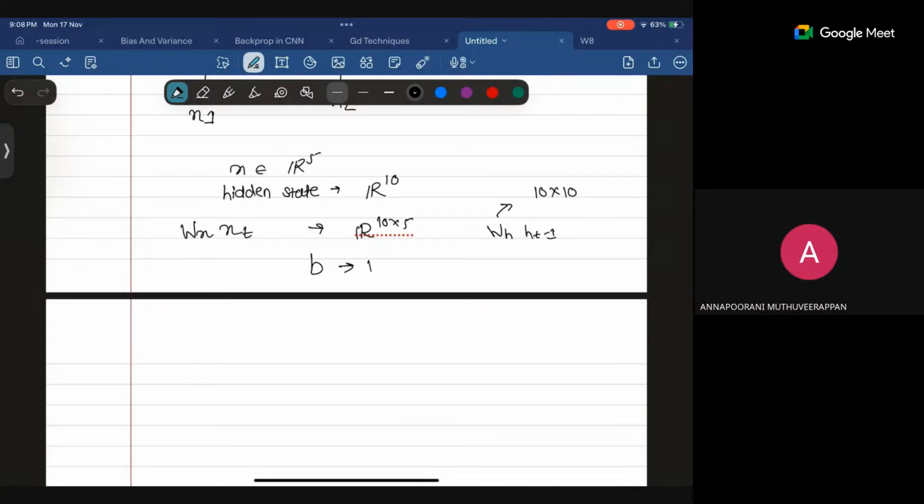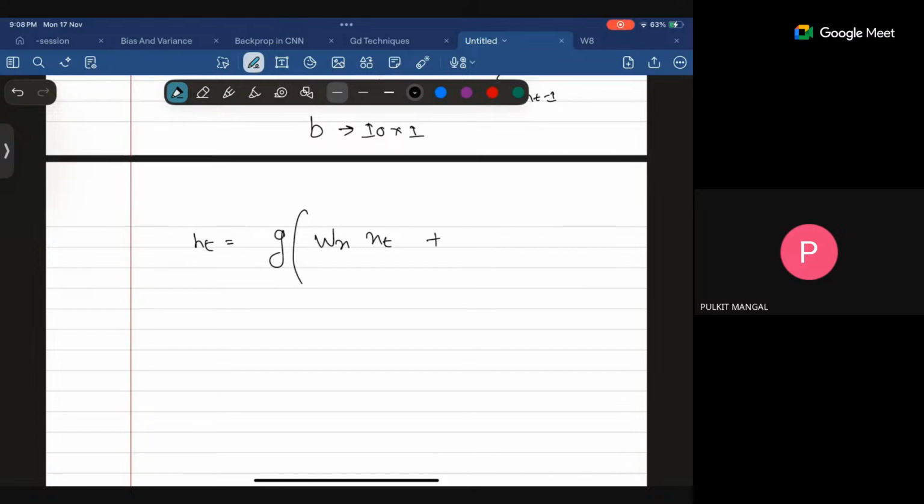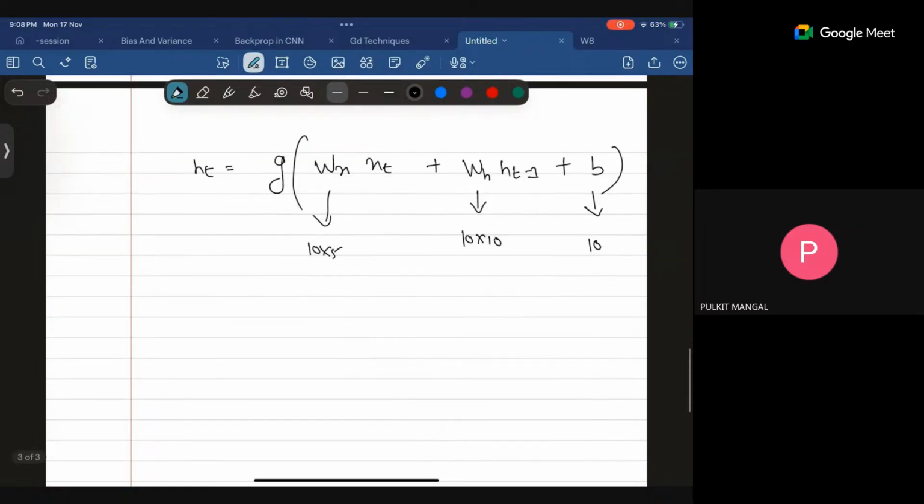As our equation is h_t equals some activation function of WX x_t plus WH h(t-1) plus b. This is of dimension 10 cross 5, this is of dimension 10 cross 10, and this is of dimension 10. So everything matches. Good.